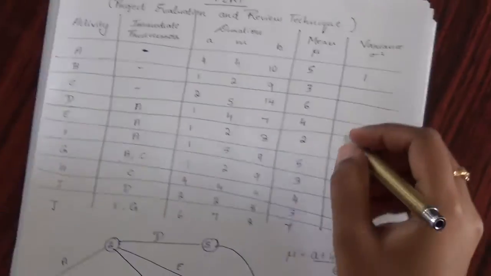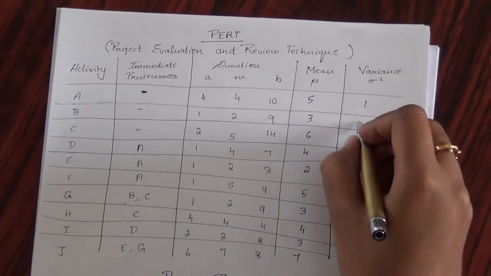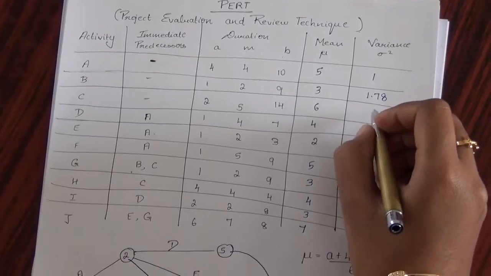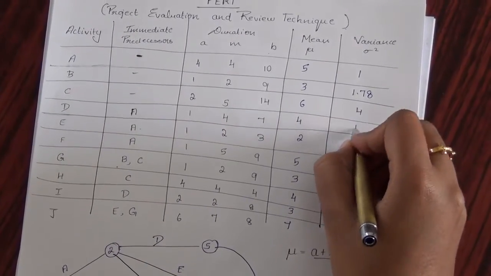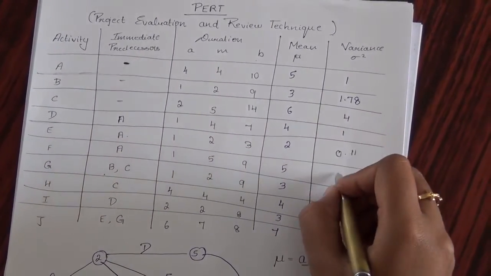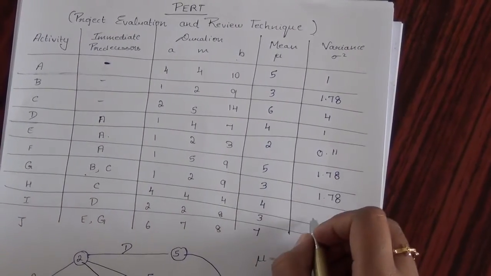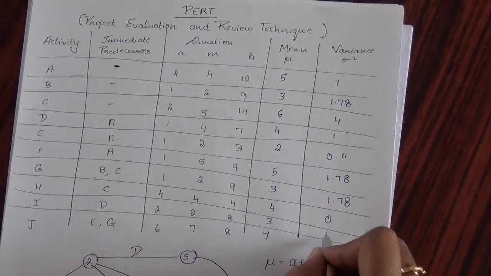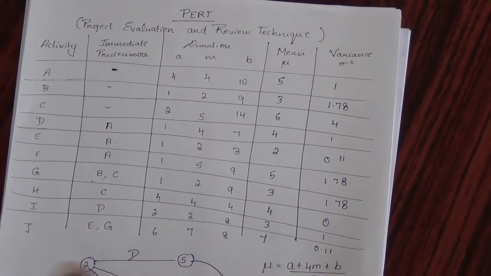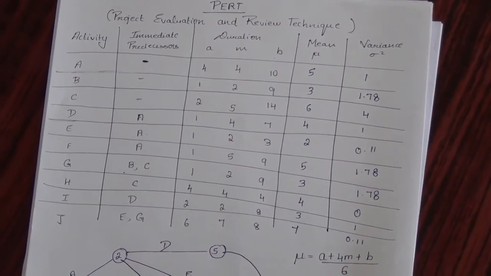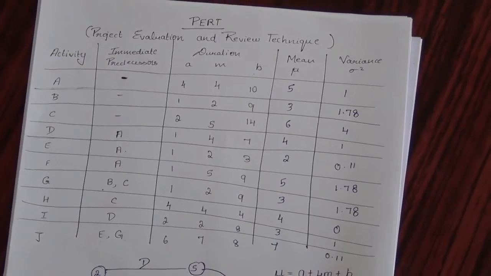Similarly, calculate the variance for all the other activities, which is 1.78, 4, 1.11, 1.78, 1.78, 0, 1 and 0.11. So now I have calculated the expected duration and variance of each activity.